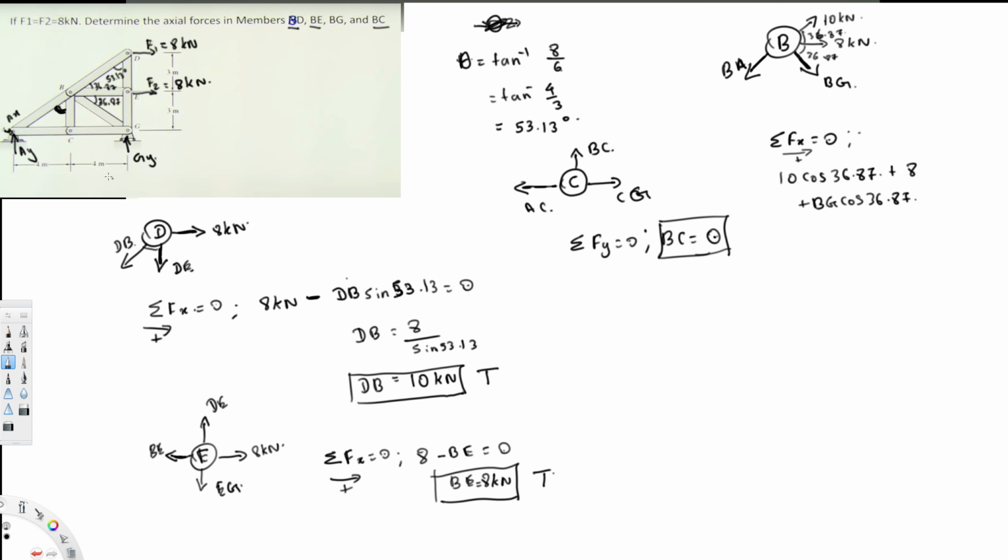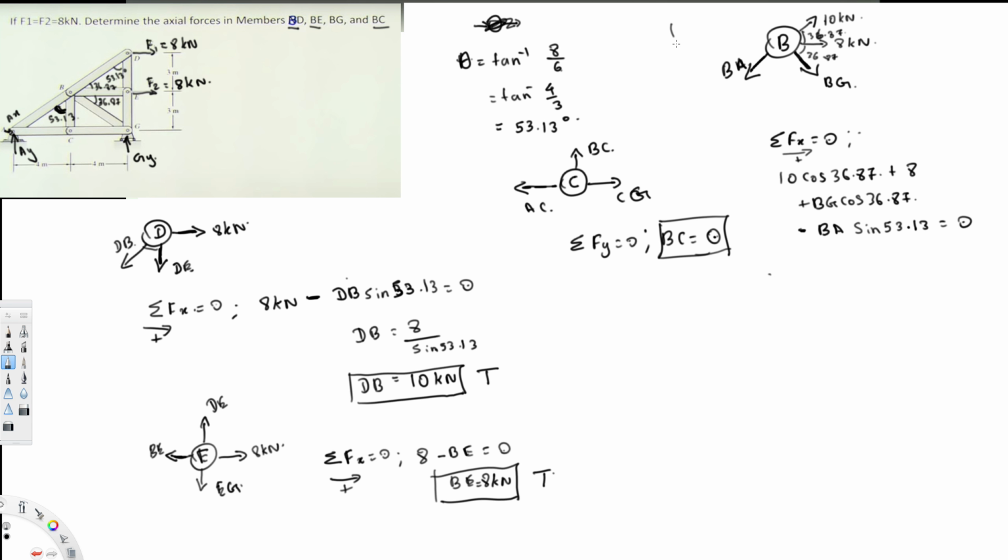So it's going to be the same number right here, 53.13. Therefore this is in the negative, opposite direction. So negative BA, in this case sine 53.13, is equal to 0. So this is my summation of Fx.